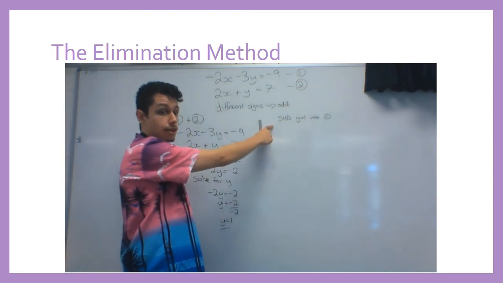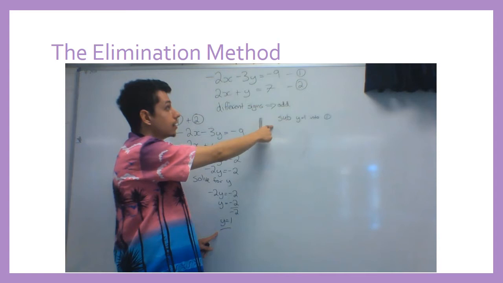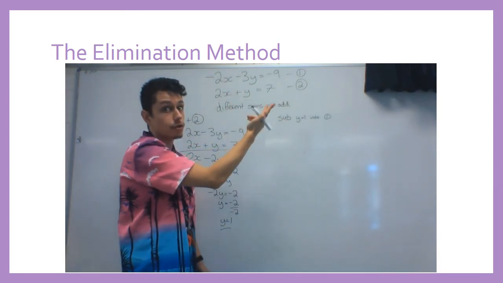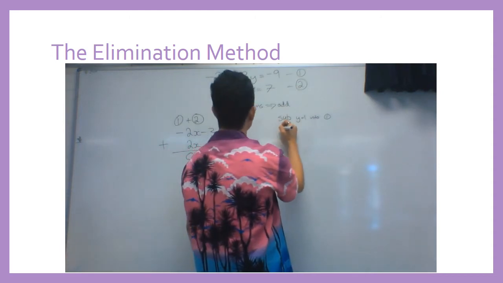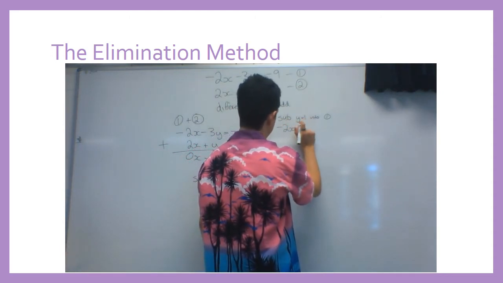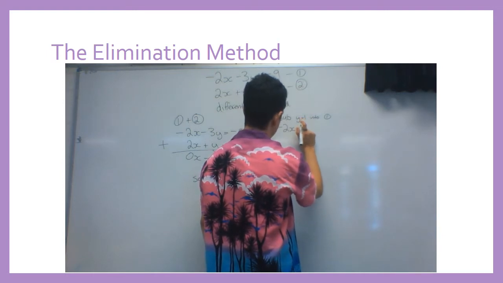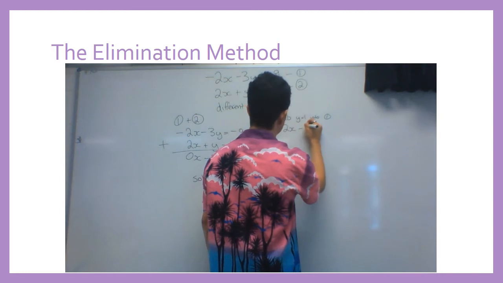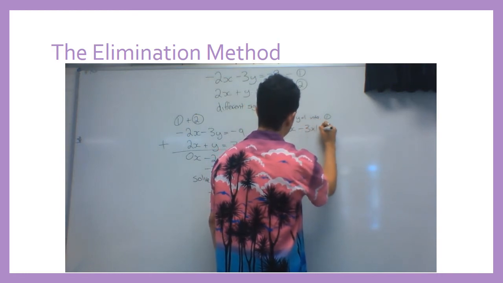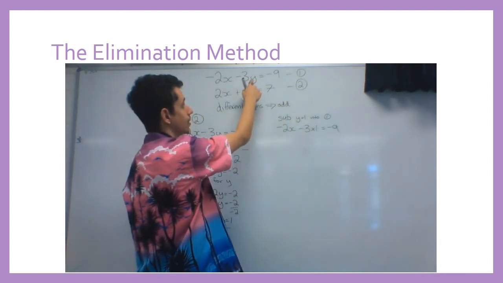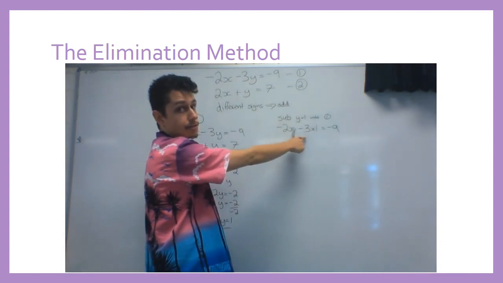I'm going to substitute y equals 1 into equation 1 up here. I've just picked equation 1. You can pick equation 2 if you want to. Everywhere there is a y in here, I've written a 1 instead.